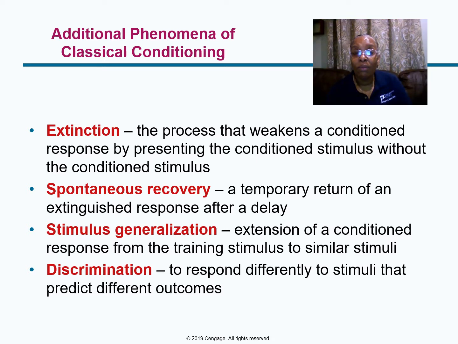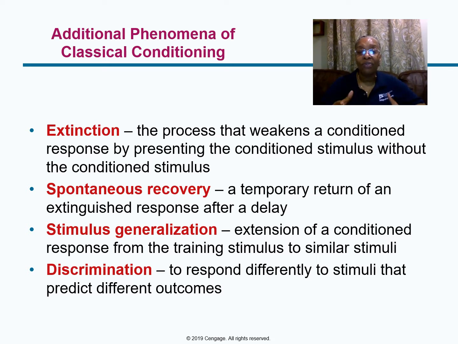Talking in terms of animals as well as people, we learn to respond differently to stimuli and predict different outcomes. You might be able to discriminate between a bell that signals time for class to start and a different bell that signals a fire alarm.